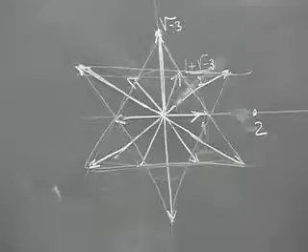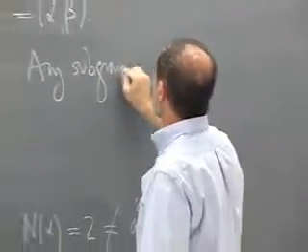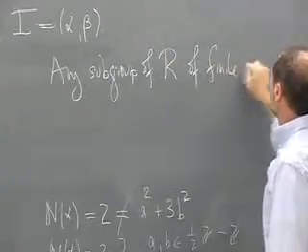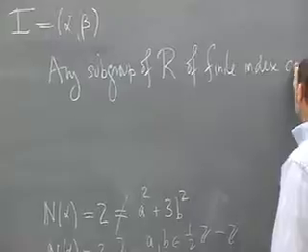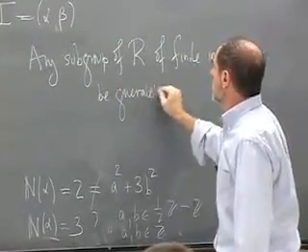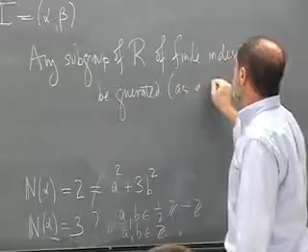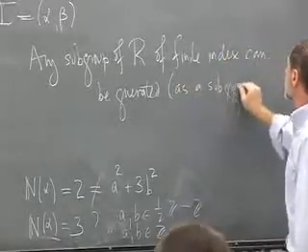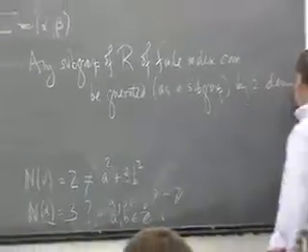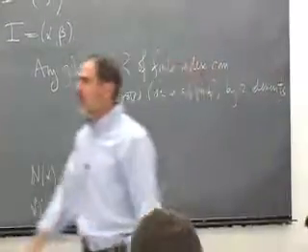And in general, and this is something I'm just going to ask you to accept to prove this theorem, any subgroup of R of finite index can be generated, as a subgroup, forget about the fact that it's an ideal, by 2 elements. It's a fact about discrete subgroups of the complex numbers.